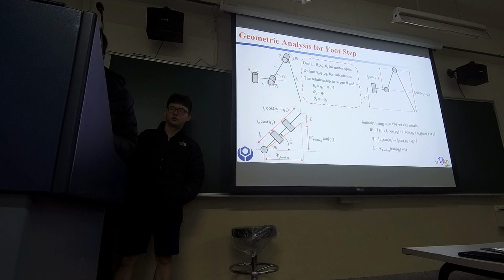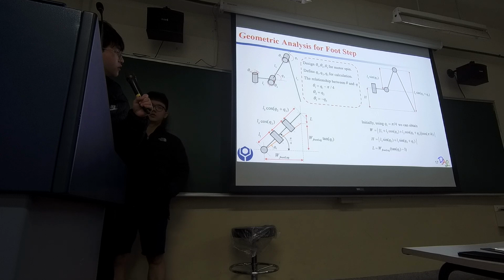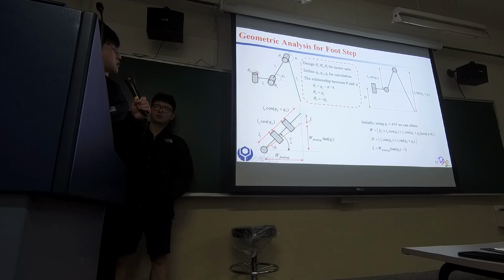Like I said before, the width of the front leg is a constant for our leg. So we can define the moving distance L, as long as our footstep equals W front leg minus W front leg times tangent Q1.